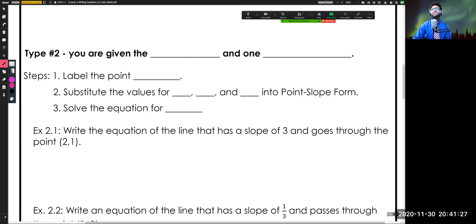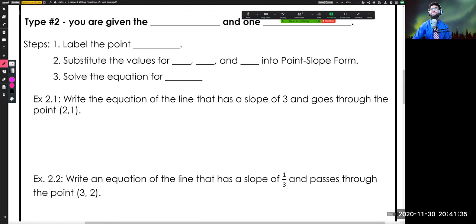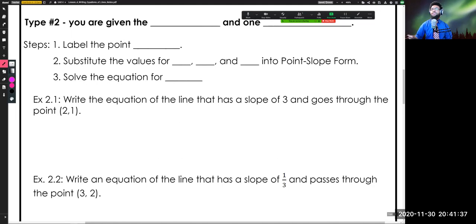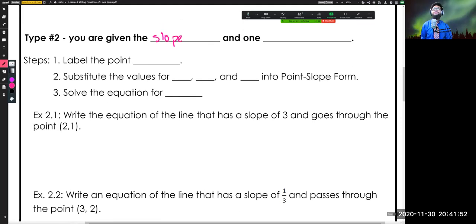So our next type is if you are given the slope and 1 point. All right, that's going to be our next bit.